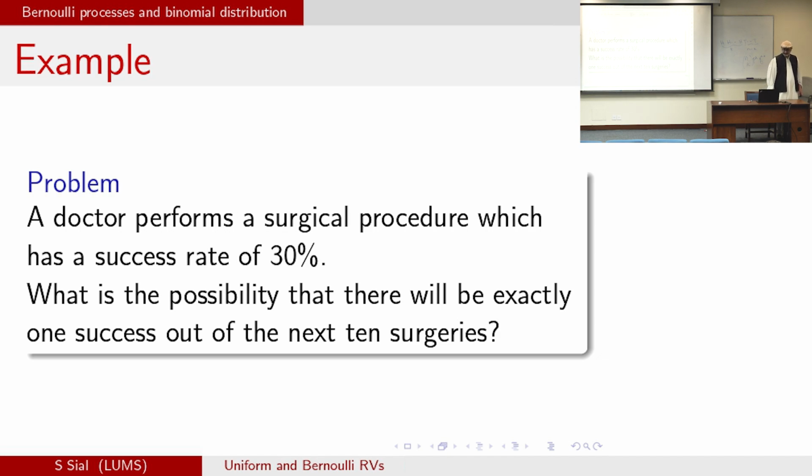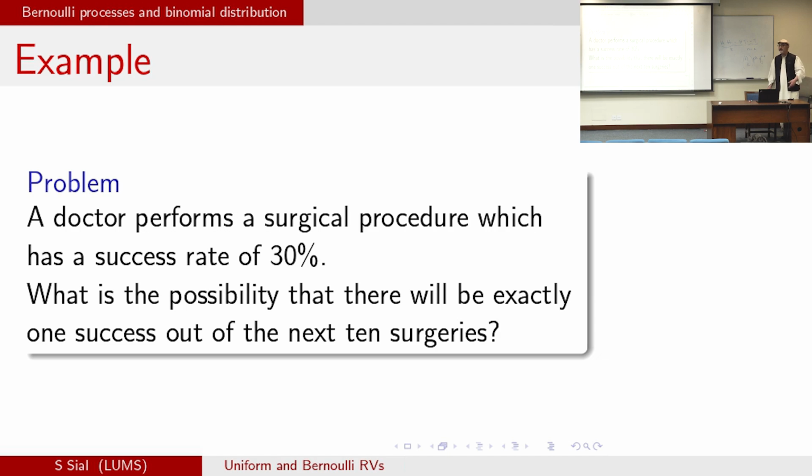All right, so let's do an example. A doctor performs a surgical procedure. It has a success rate of 30%. What's the probability that there will be exactly one success out of the next 10 surgeries? Look, we assume that the results of surgeries are independent.